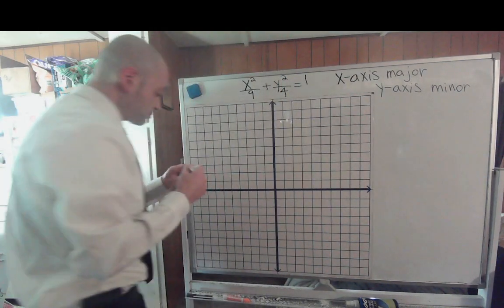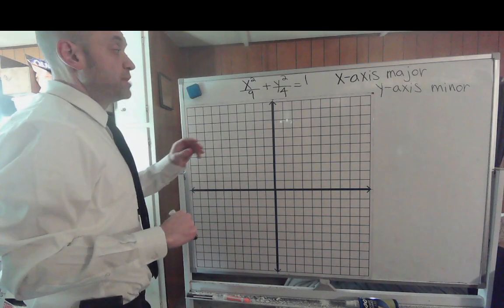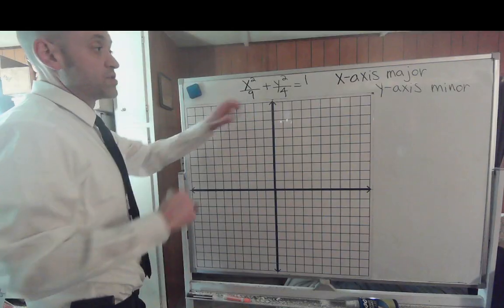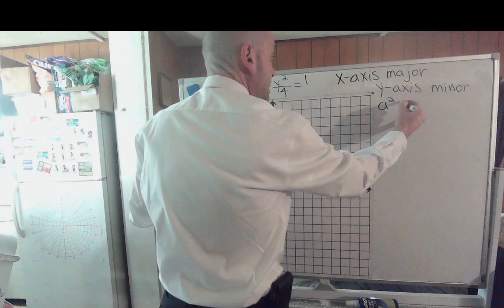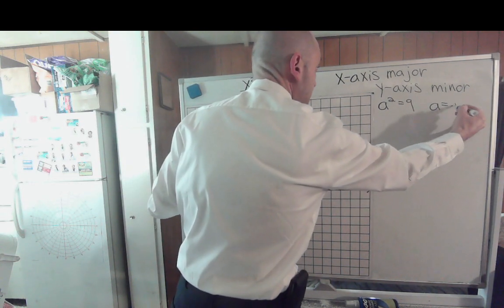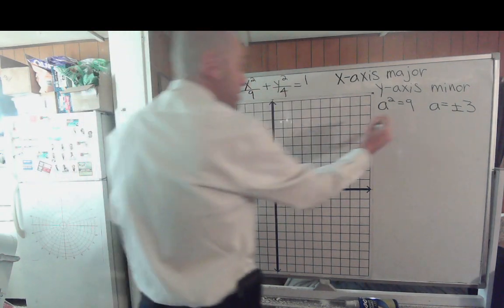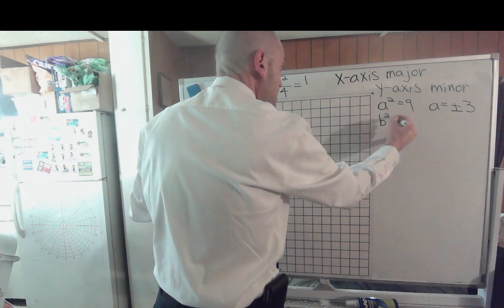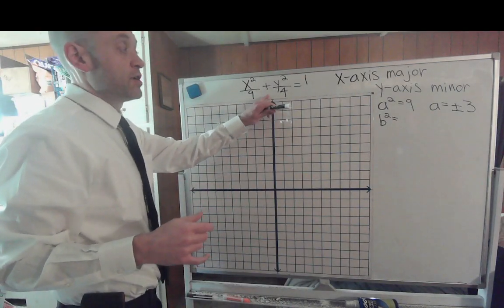Now, the bigger denominator is always our a. If a squared equals 9, that means a has to equal plus and minus 3. That means my b squared is 4, because the numbers you get in the denominator are always a number squared.